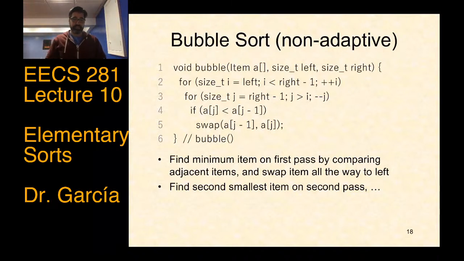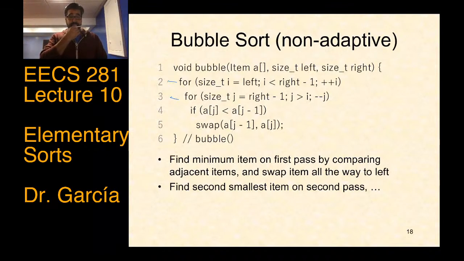The way that it conceptually works is that we have an outer loop and an inner loop. The outer loop is going to find the minimum item that should be placed in its rightful position, because we're assuming that we're sorting ascending, so the first element should be the minimum element in the array.